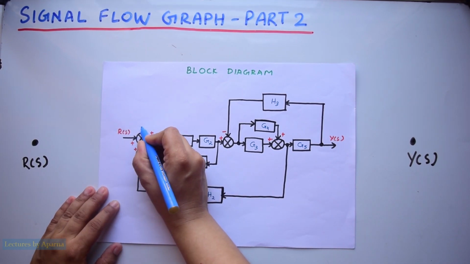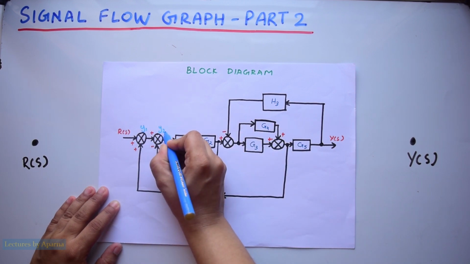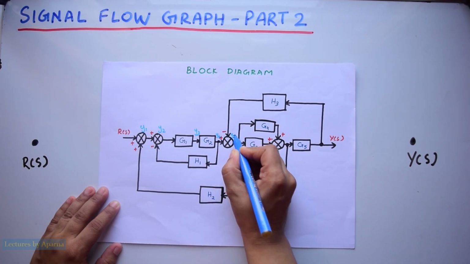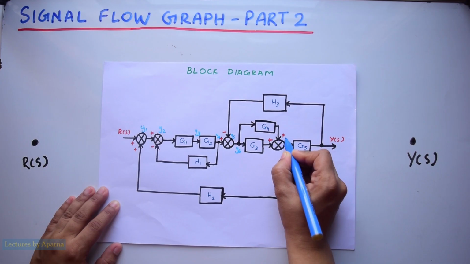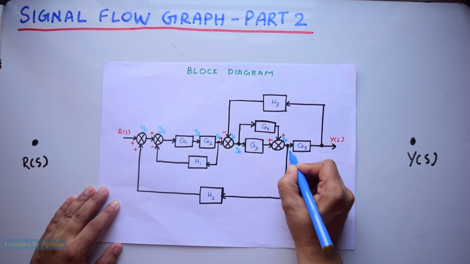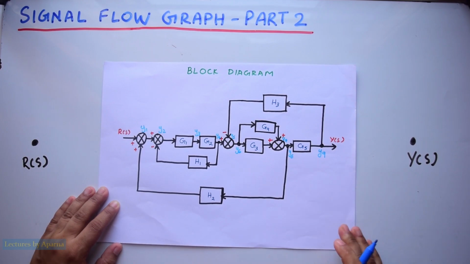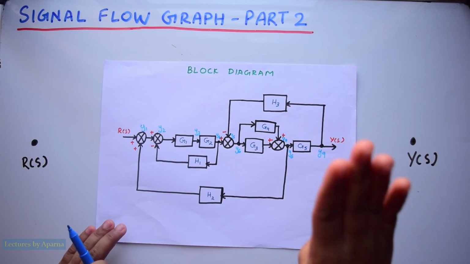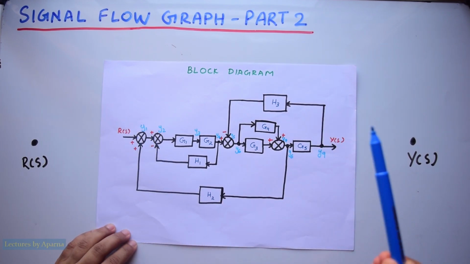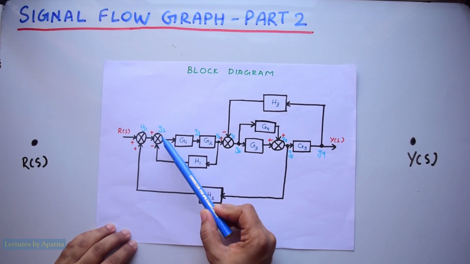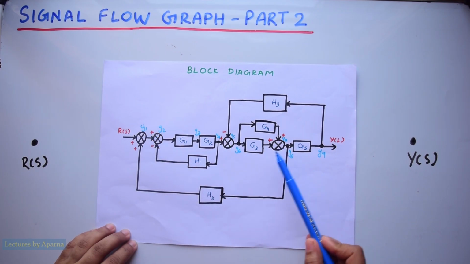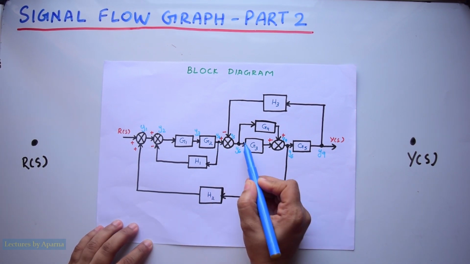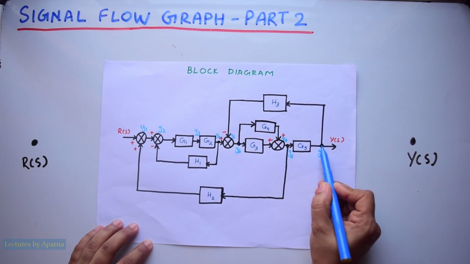Let these be nodes Y1, Y2, Y3, Y4, Y5, Y6, Y7, Y8 and Y9. There are 4 summing points here, so 4 nodes will be formed by the 4 summing points. The 4 nodes formed by the summing points are Y1, Y2, Y5 and Y7. The 4 nodes formed by the 4 branching points are Y4, Y6, Y8 and Y9.